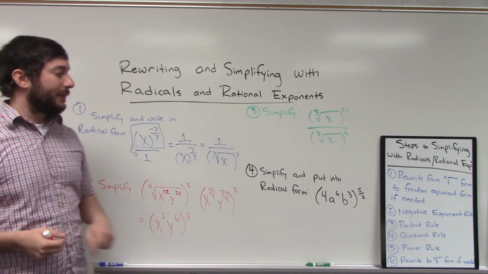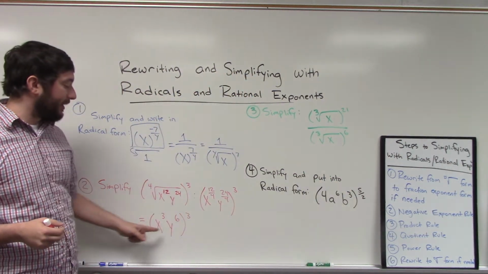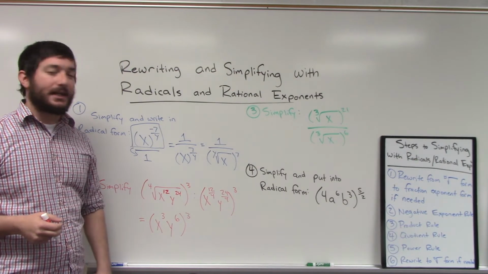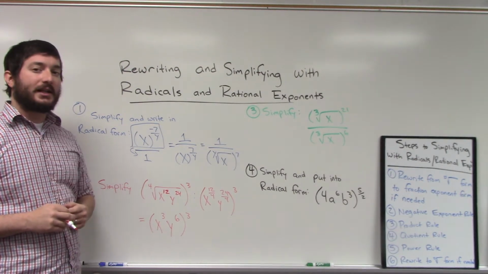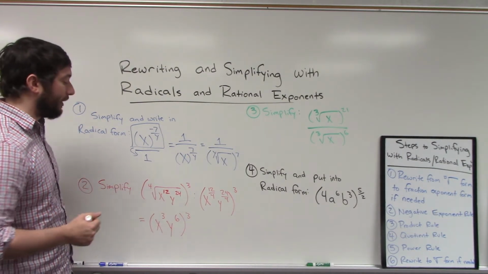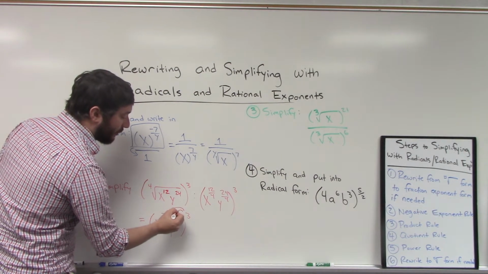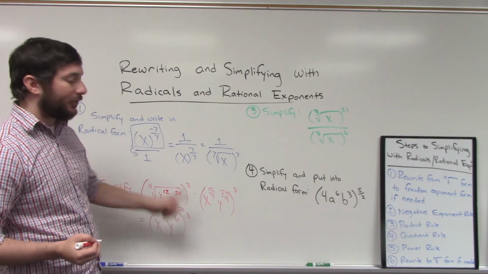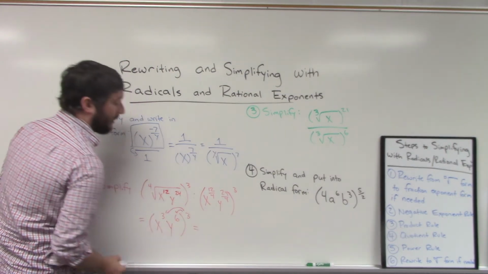There are no negative exponents. We can skip that step 2. We're not going to be using the product rule. Notice that these are different bases, x times y. It's not x times x. Cannot use the product rule. We're definitely not dividing in this problem, so not using the quotient rule. So the power rule is what we're going to end up doing here, and in this case, as we've done in previous videos, distribute that outside exponent to both of the ones on the inside by, in this case, multiplication.